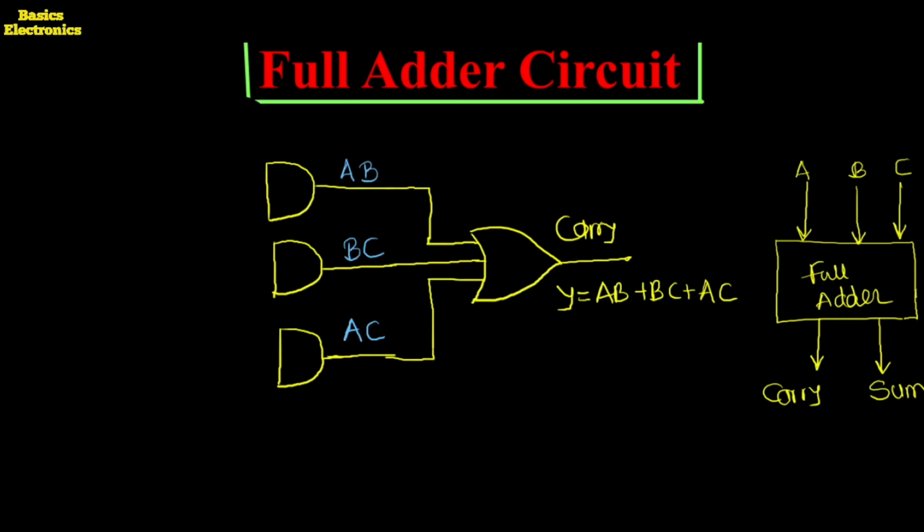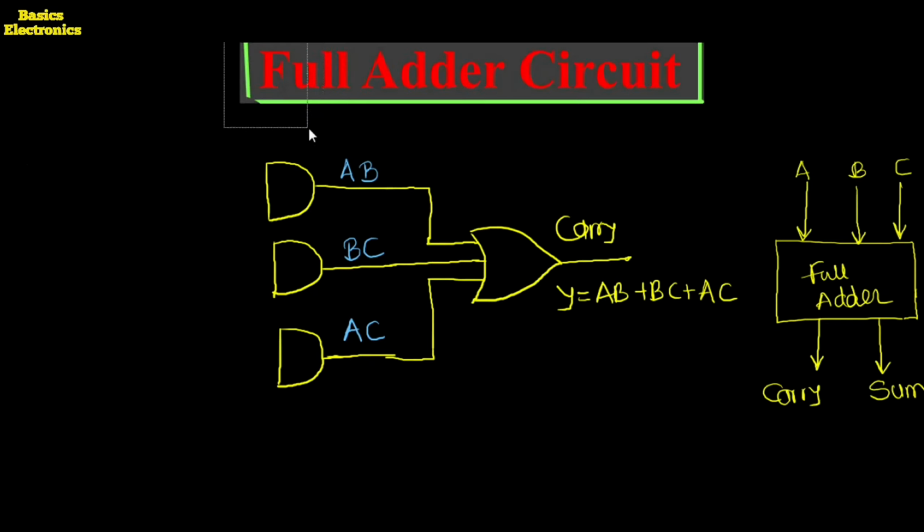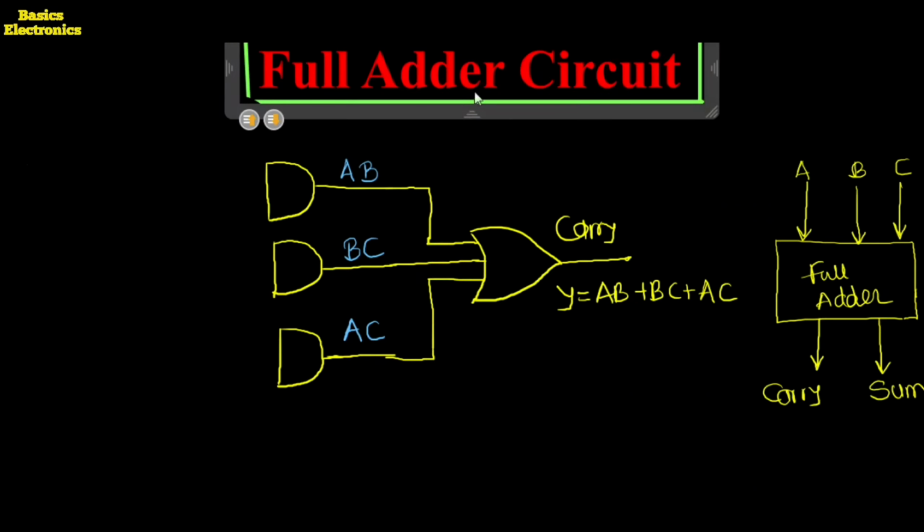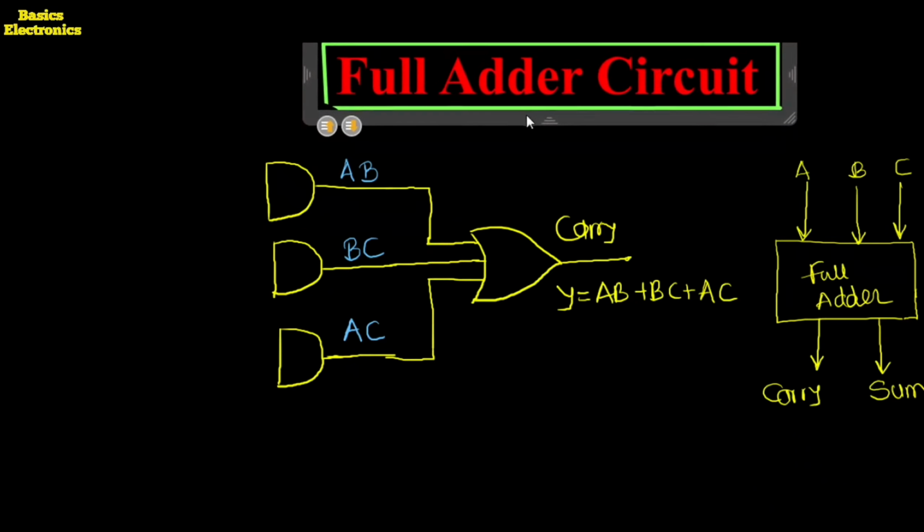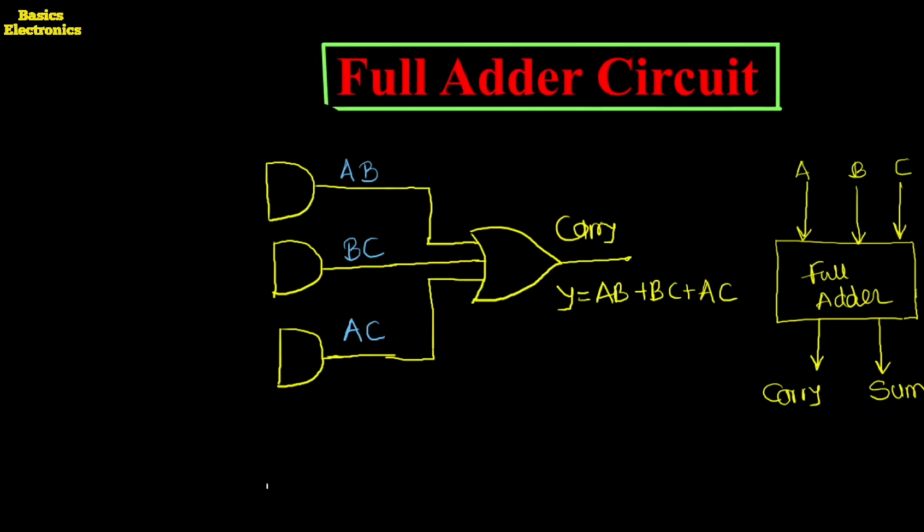Now the important thing is how we can apply the inputs to all the AND gates. For that we require common data lines, so we are going to draw the data lines.